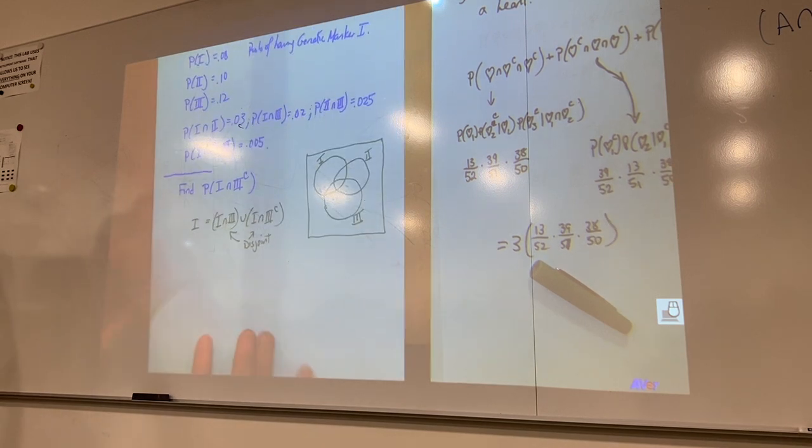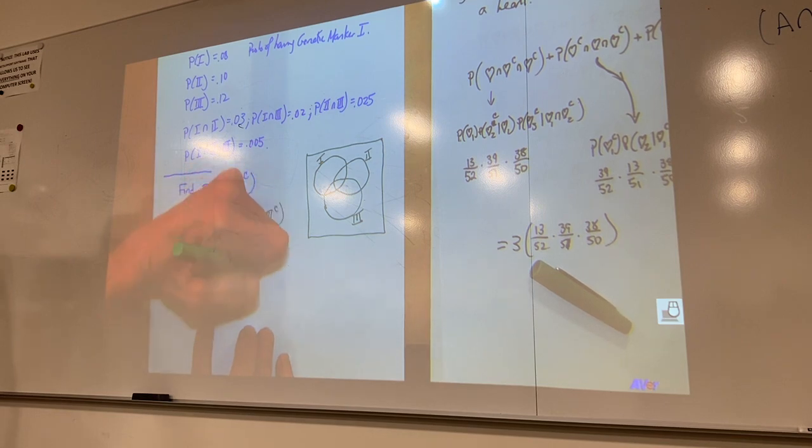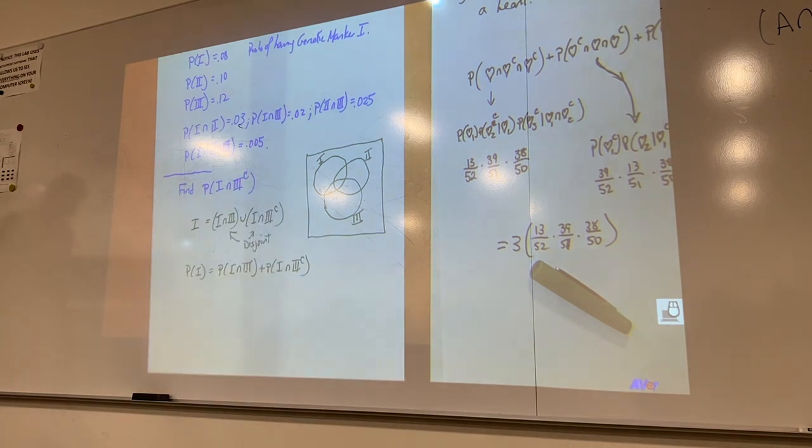So the probability of having marker 1, which is 0.08, is the probability of having 1 and 3, which is also given right there somewhere, plus the probability of 1 and not 3. Does that make sense?